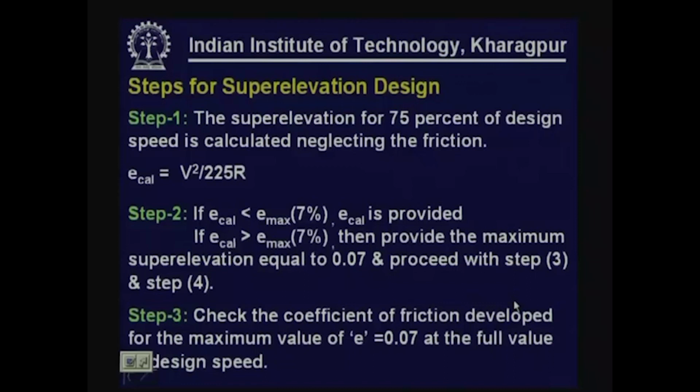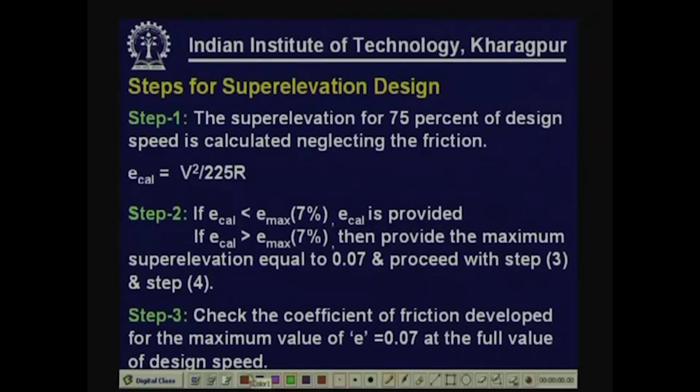Now, steps for design of super elevation in the mixed traffic condition. I have already mentioned that we try to develop super elevation considering 75% of the design speed. So, if we take that, then E calculated is actually v square by 225 r. So, we calculate E using this formula, assuming 75% of the design speed.